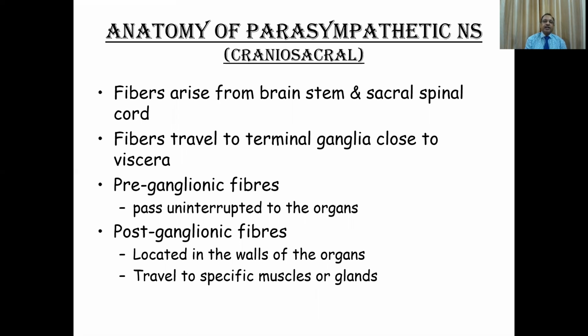The ganglia here are close to the effector cells, unlike the sympathetic nervous system. The preganglionic fibers pass uninterrupted to the organs, and then from the ganglia located in the walls of the organs, the postganglionic fibers arise and finally reach the muscles or glands or the effector cell.